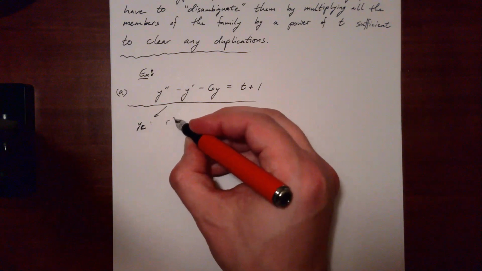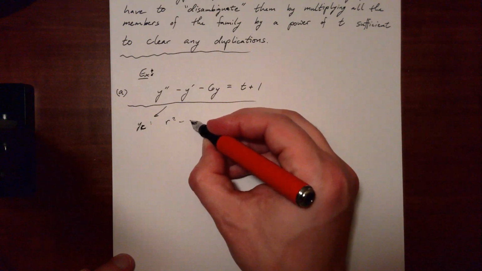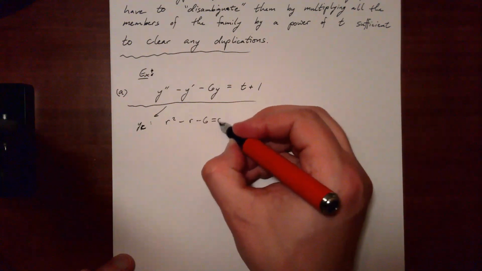So here I'm going to just make the characteristic equation r squared minus r minus 6 equals 0.